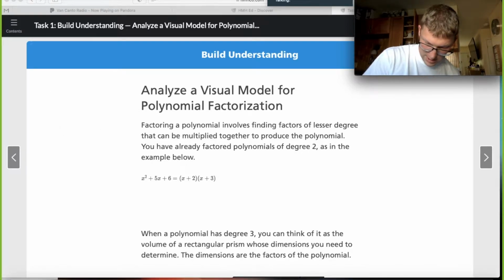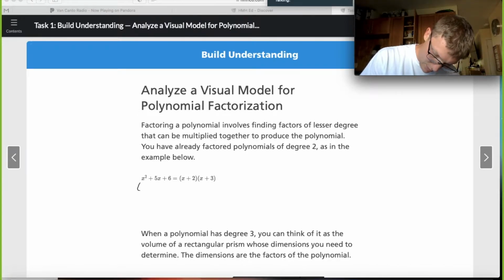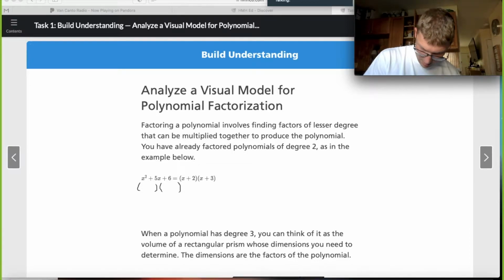So typically when you're asked to factor a second degree polynomial, you set up your parentheses. You know that this x is going to go both places. Look at this sign. That's positive, so the next one's going to be both the same, and they're both going to be positive.